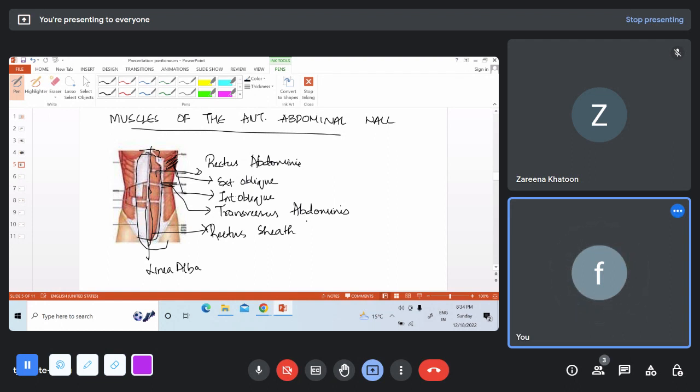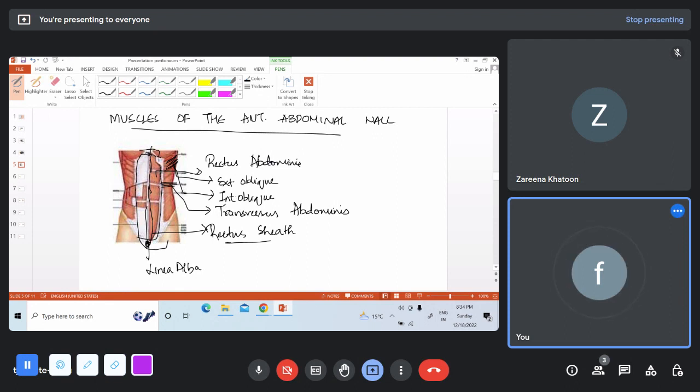Apart from rectus abdominis, one more muscle, pyramidalis, is also present in the rectus sheath, but the chief muscle present in the rectus sheath is the rectus abdominis. See, rectus abdominis extends from the pubic tubercle here to the xiphoid process.